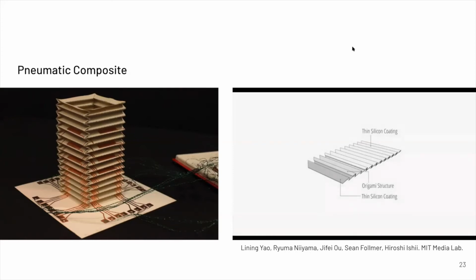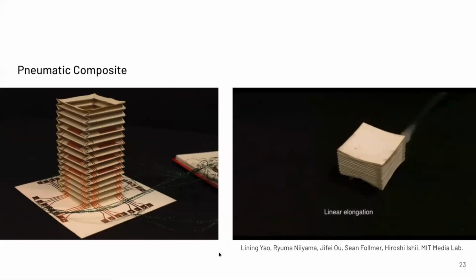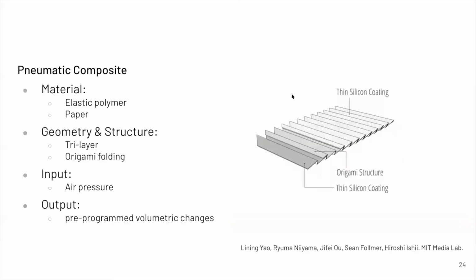So now the origami becomes airtight, and also the global shape is dictated by the origami structure. However, it's inflatable. And in this case, the materials are the same. All the things we're trying to tune are on the structure level. We're doing this tri-layer thing. Basically, we're coating silicone on both top and bottom of the piece of paper, and we are also trying to control the origami folding to get the right kind of volumetric change we want.